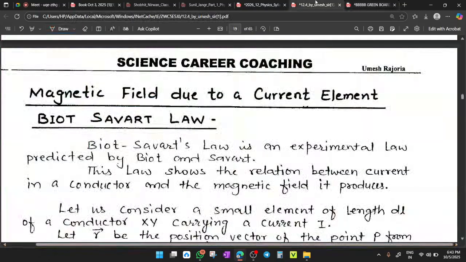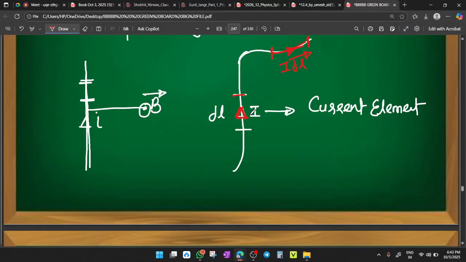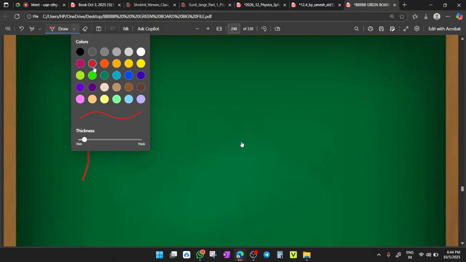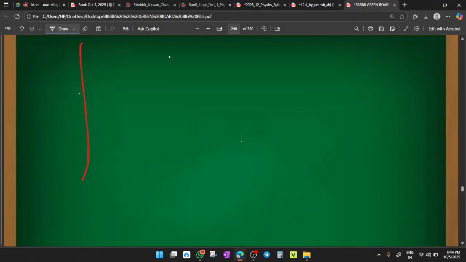So first we are going with magnetic field due to a current element, by Biot-Savart law. So first we are going to find the magnetic field due to a current element. Like this is a conductor, and we have taken a current element, a very small differential length dl, with the direction of current as shown, and we are going to find the magnetic field at a distance r.